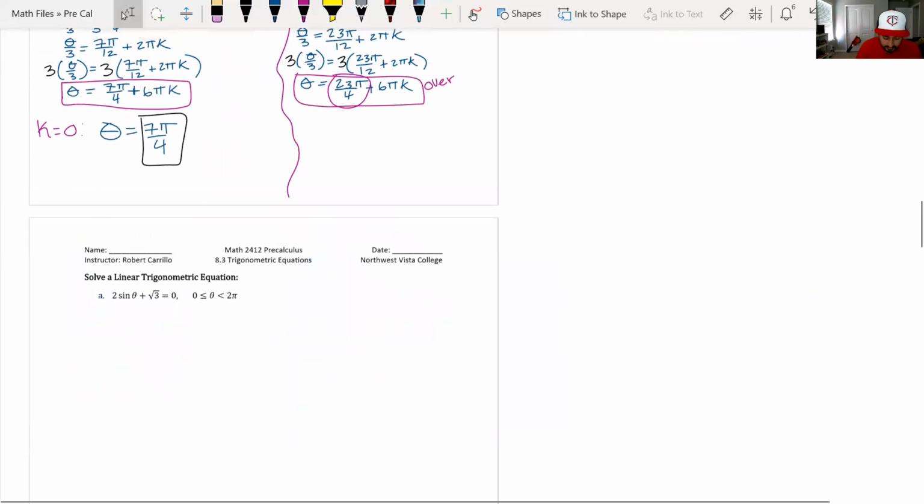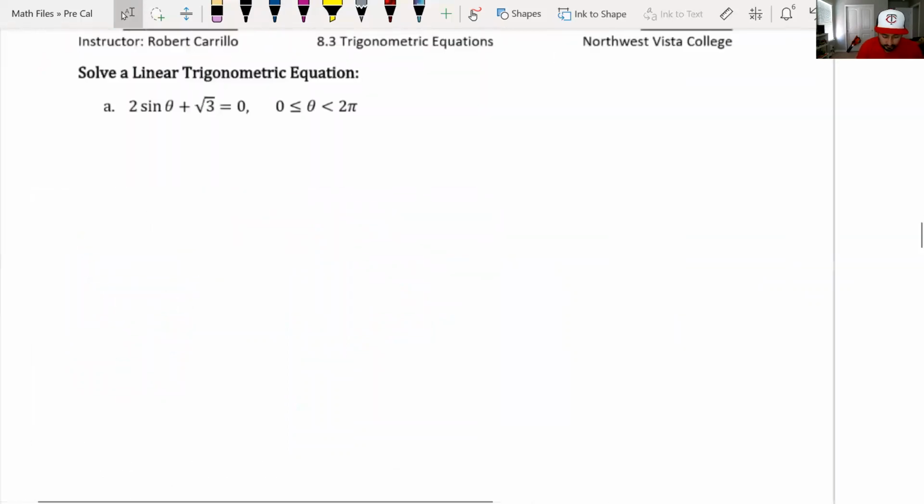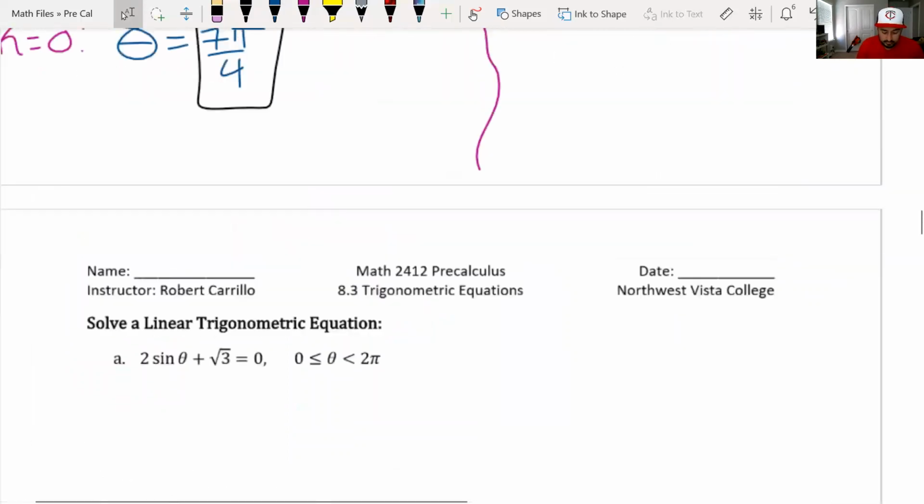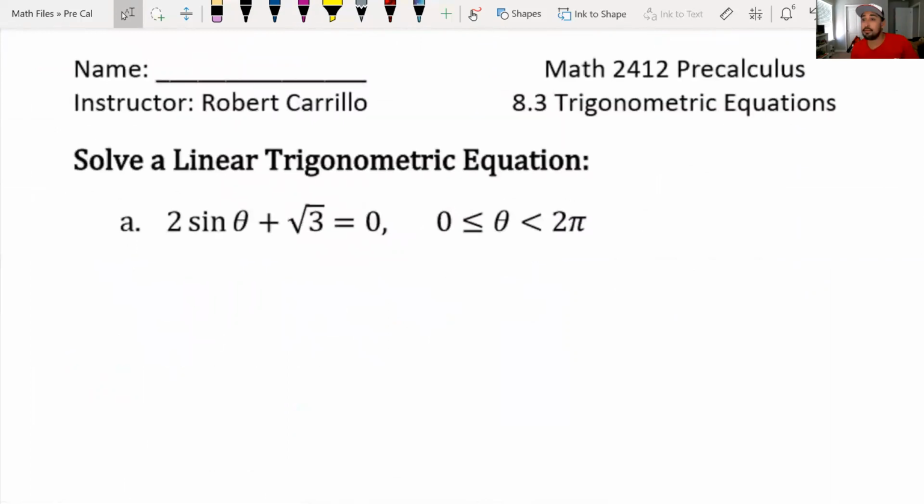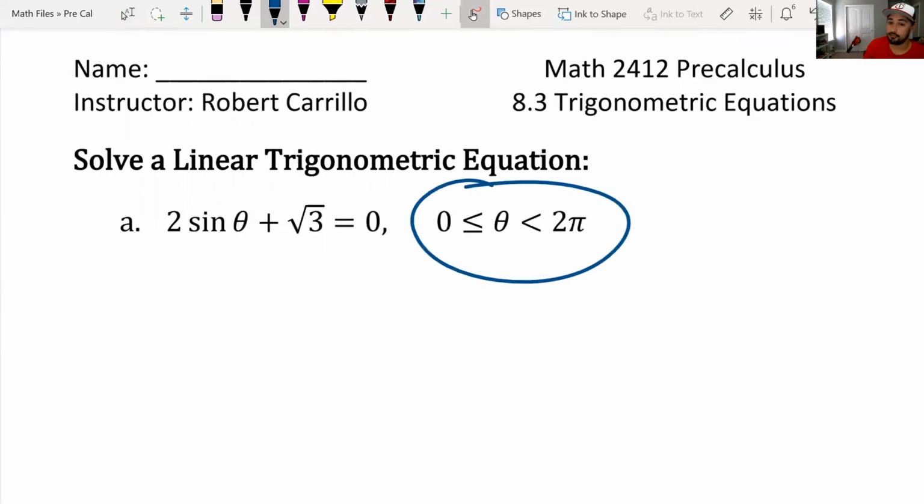Okay, excellent. All right, so these ones are definitely a lot nicer. These ones say solve a linear trig equation. So we treat it as a linear algebraic equation, and we only want values again within the unit circle, 0 to 2 pi.